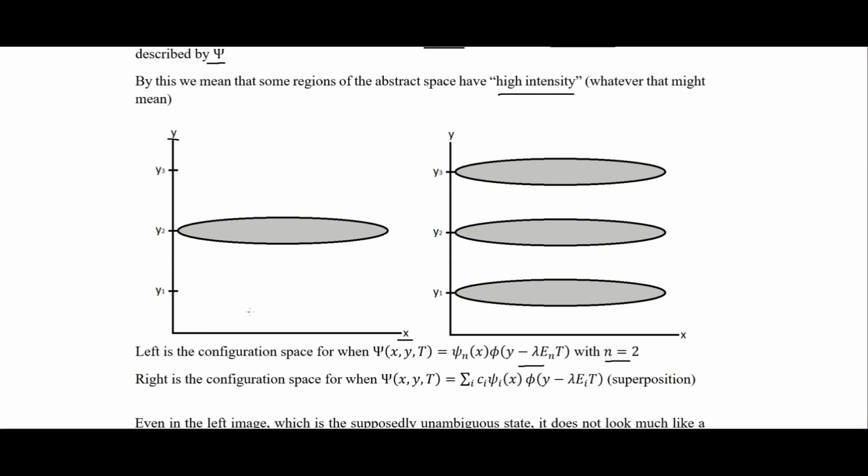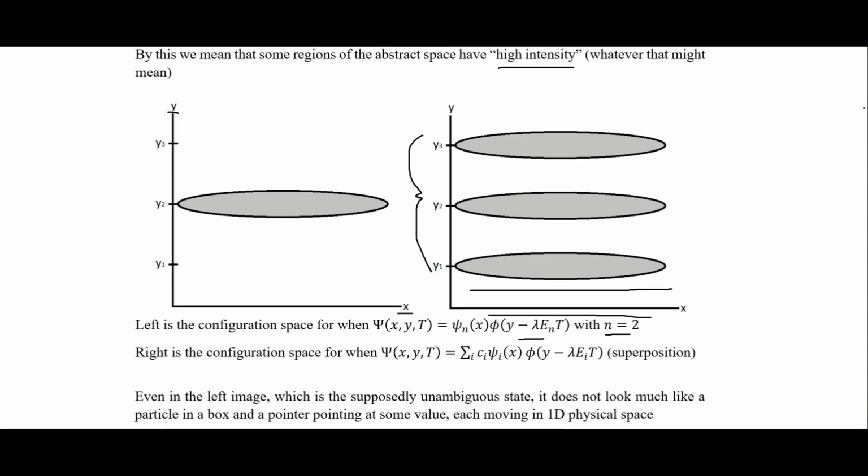The right is when we are in the superposition of the three states. The particle would be in the same position, but in a superposition of these three energies, where, of course, the position itself is a superposition, which is why it's smeared out over the x-axis there.